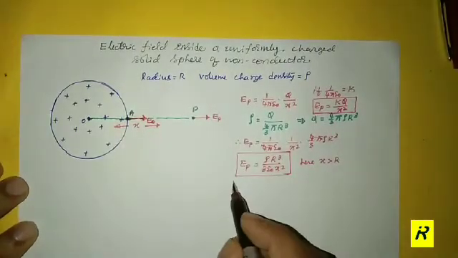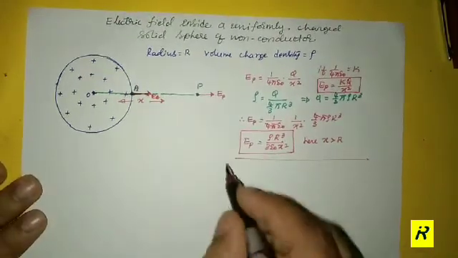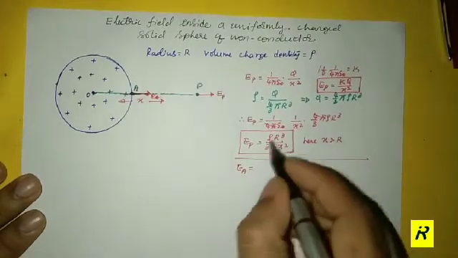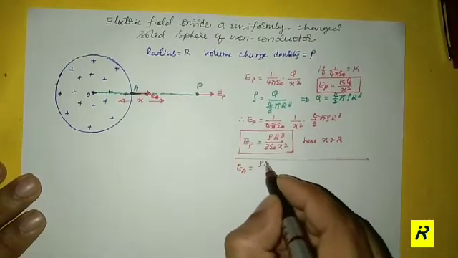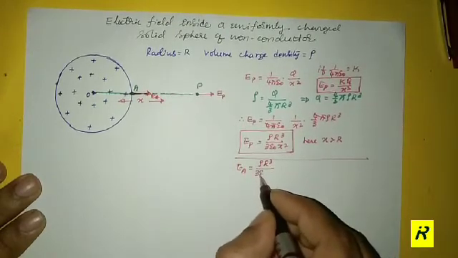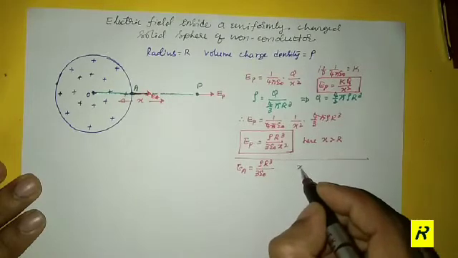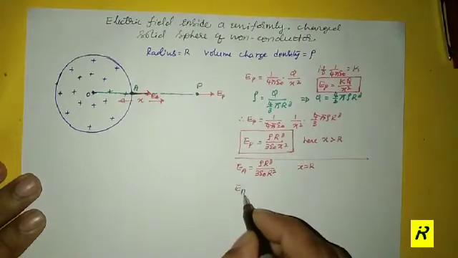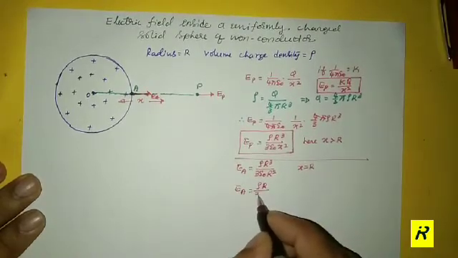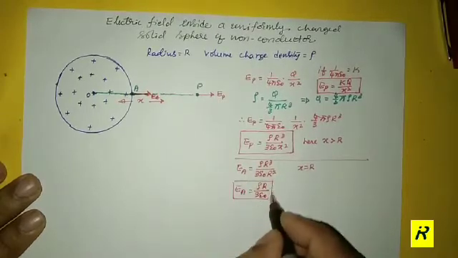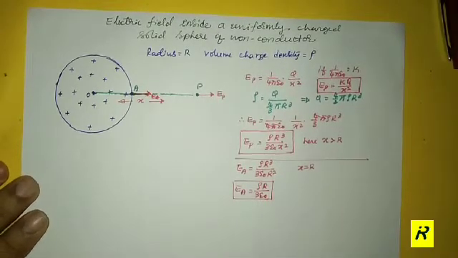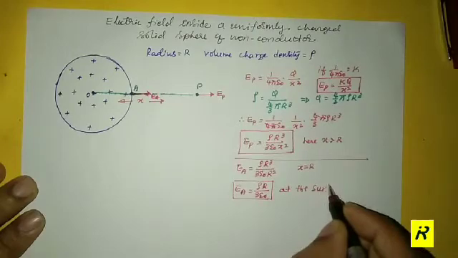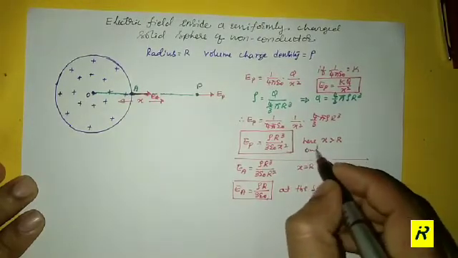EA is equal to rho R cube divided by 3 epsilon naught, and here I put x equal to R, so this becomes R square. That means EA is equal to rho R divided by 3 epsilon naught. This is at the surface, and the earlier expression is outside the surface.